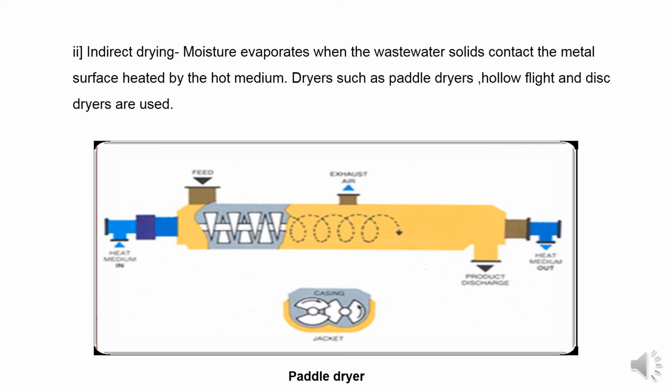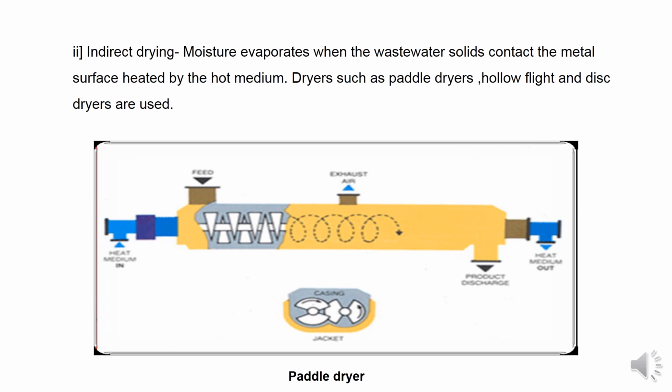Now the picture shown here clearly exhibits how the system works. Here you can see that on one end the heat medium is let in and the feed is fed in at the top right of the bin.